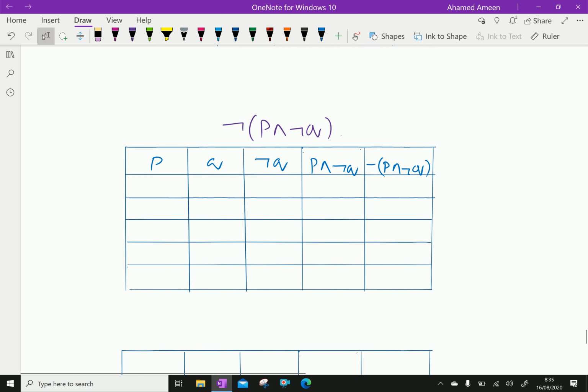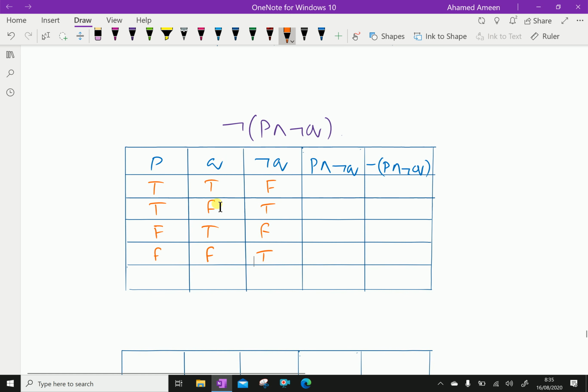Here we will write for P: true, true, false, false. For Q: true, false, true, false. Negate Q is the opposite of this one: false, true, false, true.